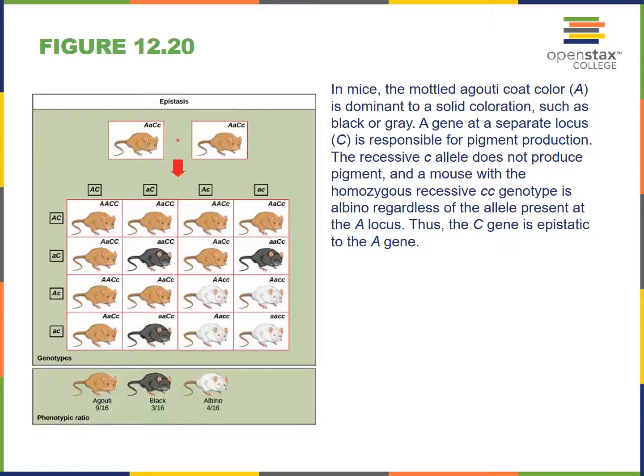So for example, we're looking at a two-gene problem, or a dihybrid cross. One gene we're tracking is the C gene, and it is responsible for pigment production. If it has at least one capital C, that means you're going to get color.